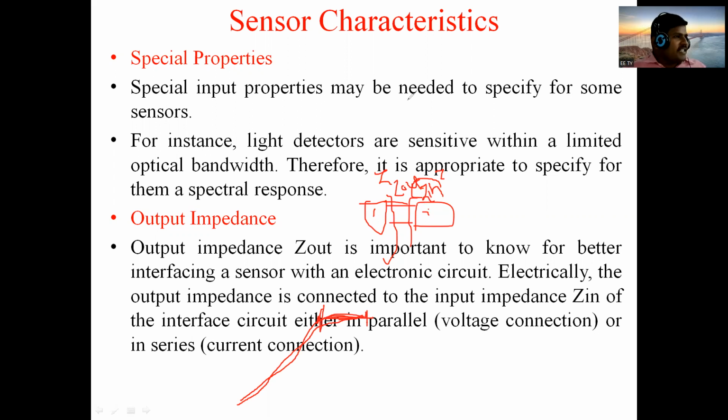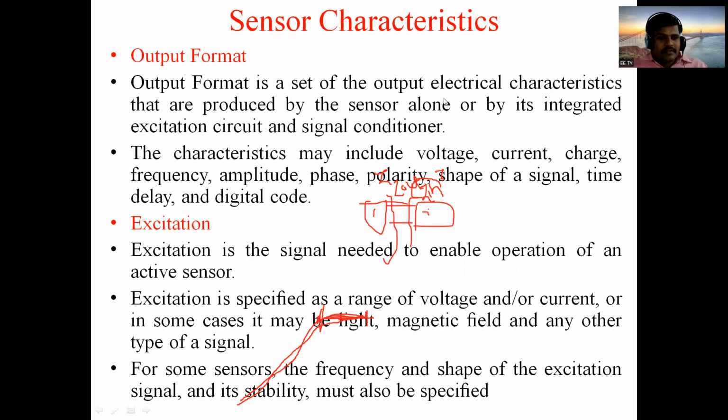That means it may be a resistance connection or an impedance connection. Z out is connected to the input of the interface circuitry either in parallel, that is voltage connection, or in series, that is current connection.